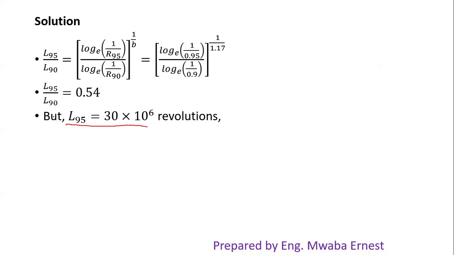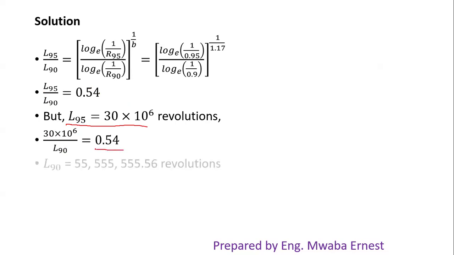Now at 95%, so we want the L90. So you can just go there and substitute. In place of L95, you put 30 million. Then you put back the L90. On the other end, I still have 0.54.